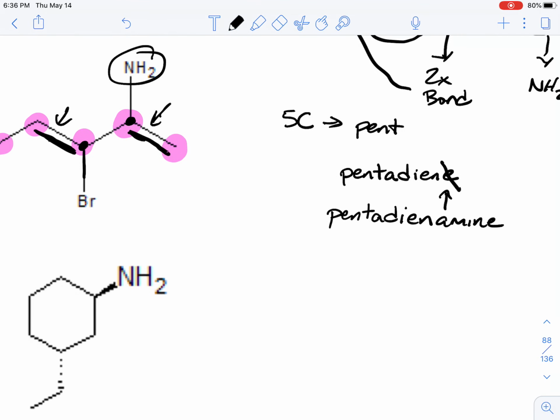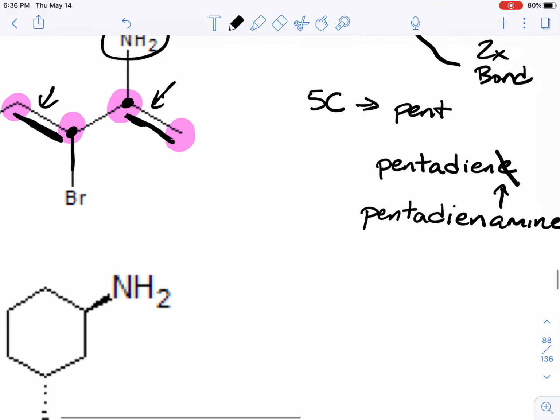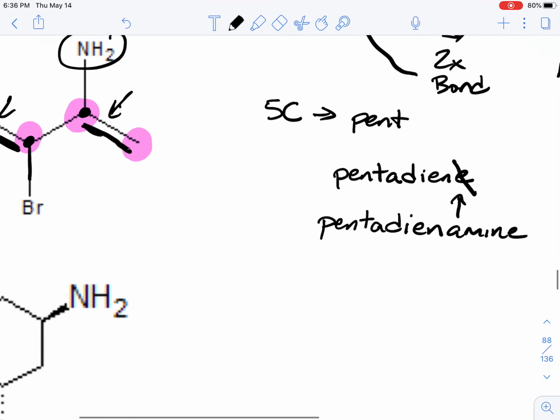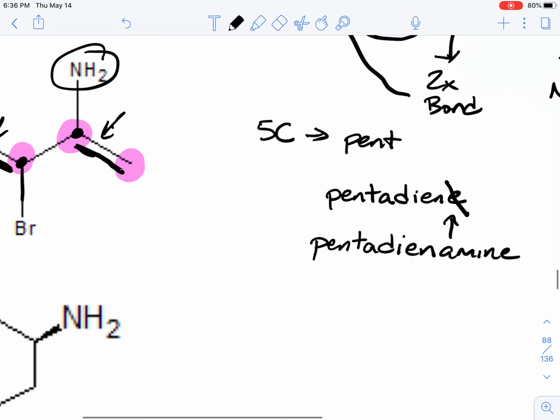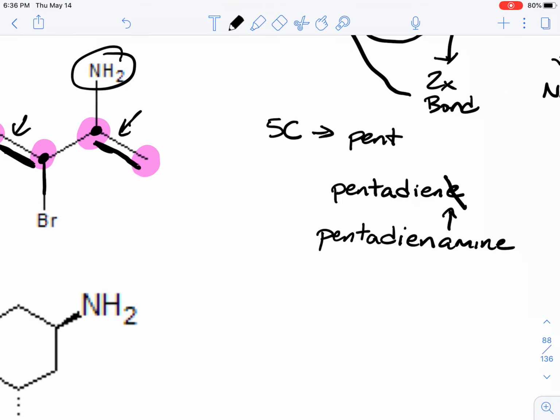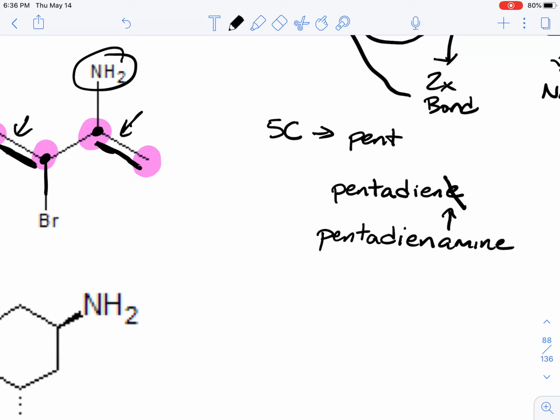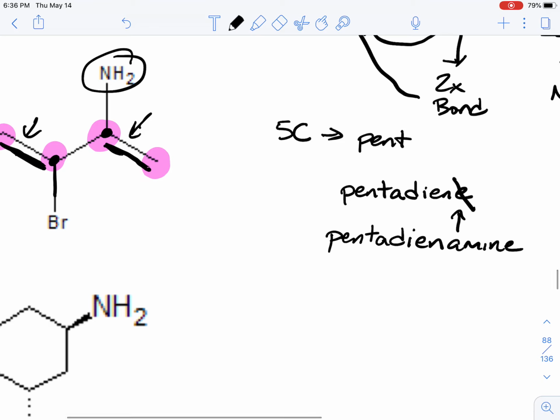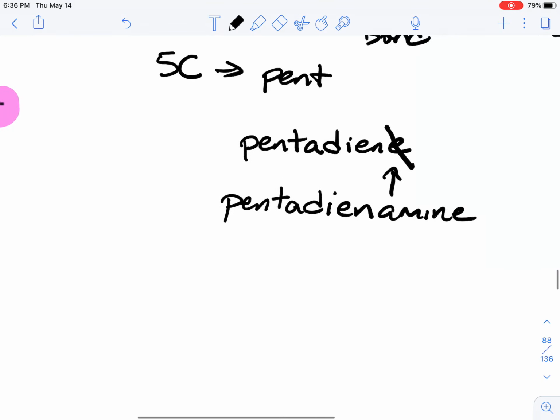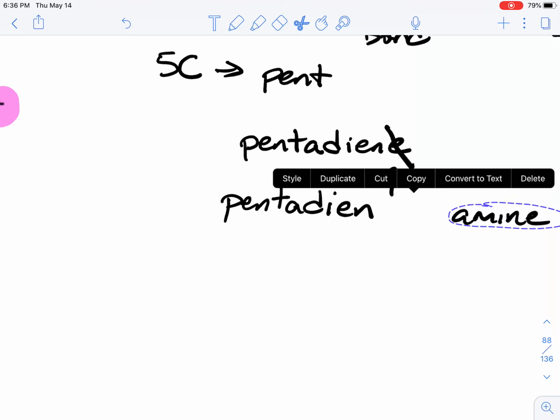And so we don't want to be married to the way that we've kind of named this compound just yet, because we need to communicate to the reader what carbon numbers or what carbon these double bonds and these functional groups are found. And so since the numbering of these carbons is on the parent chain, we have to separate the double bond from the amine.